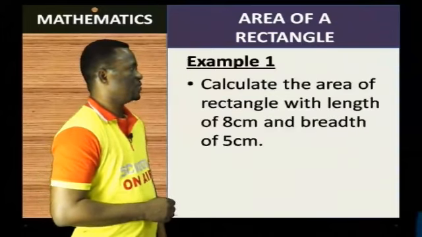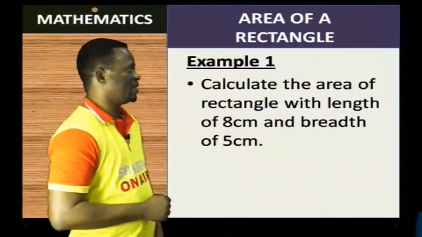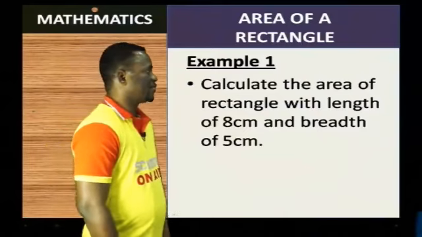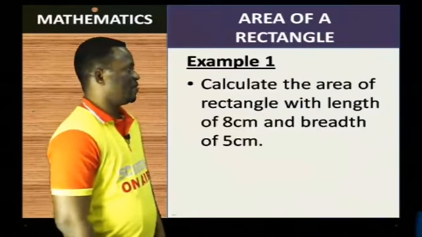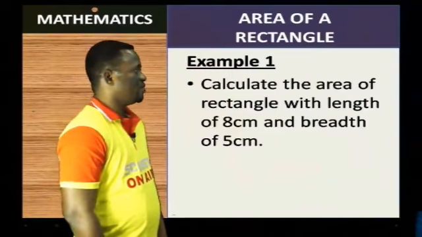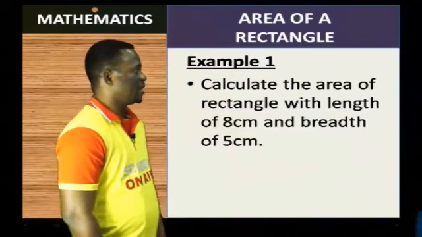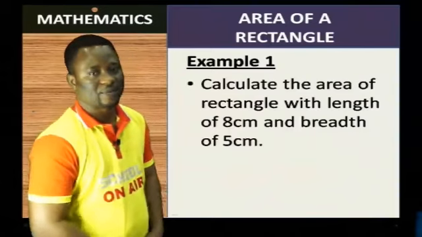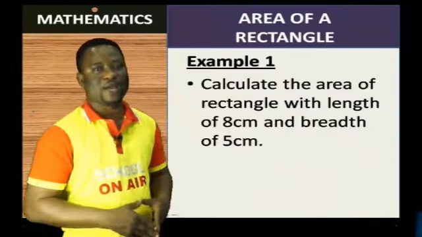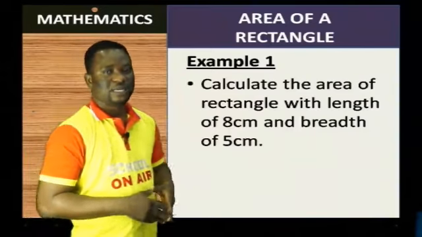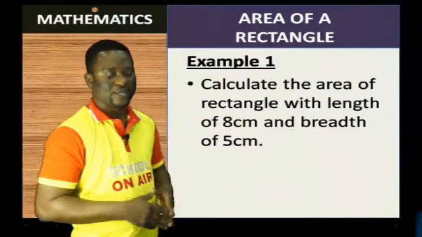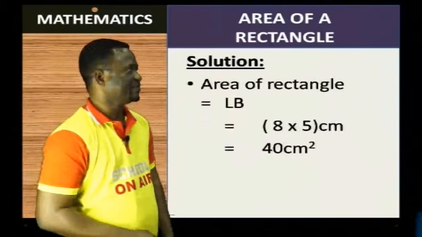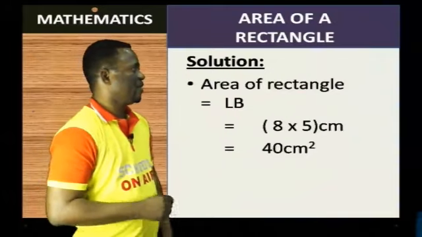Let's use this example to illustrate the calculation of the area of a rectangle. The question says, calculate the area of a rectangle with length of 8 centimeter and breadth of 5 centimeter. We are going to apply the formula that we have been given, length times breadth, to get the answer. Now, solution.